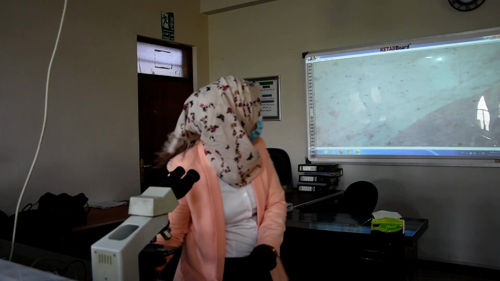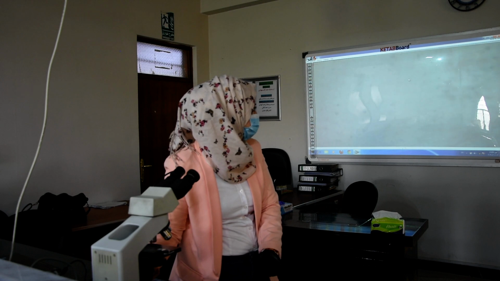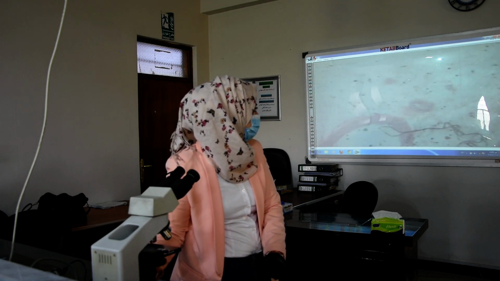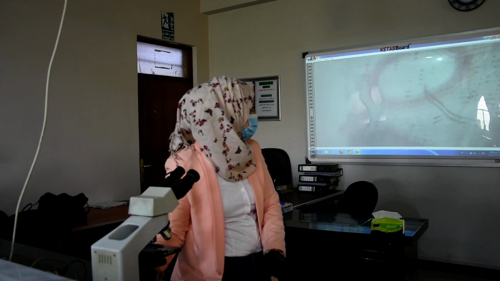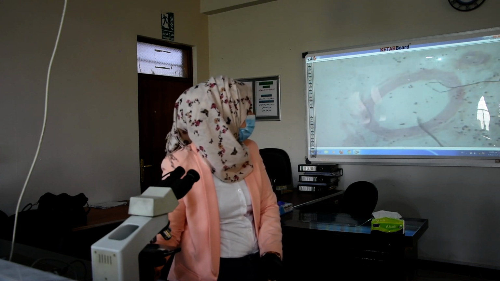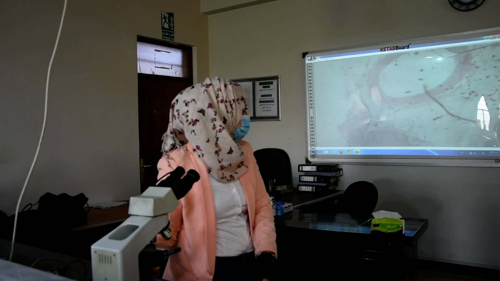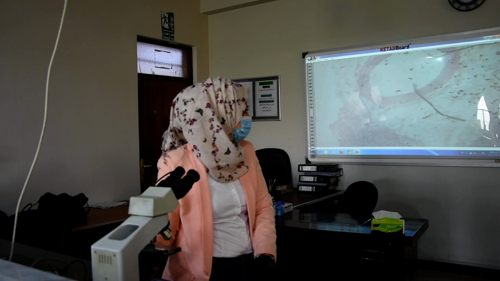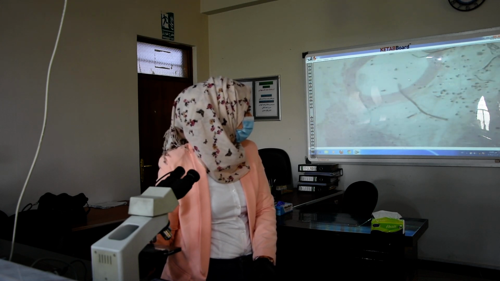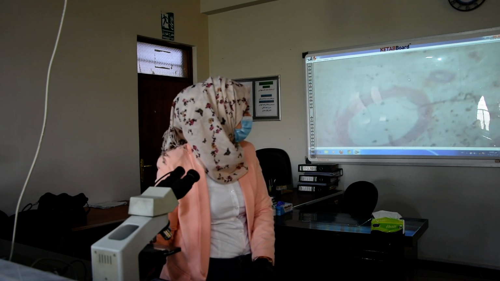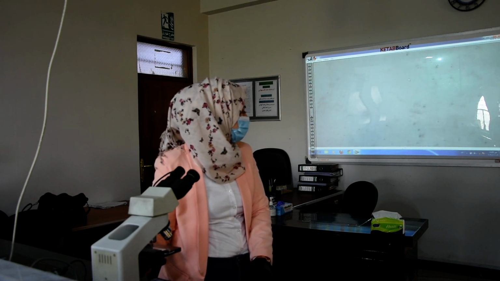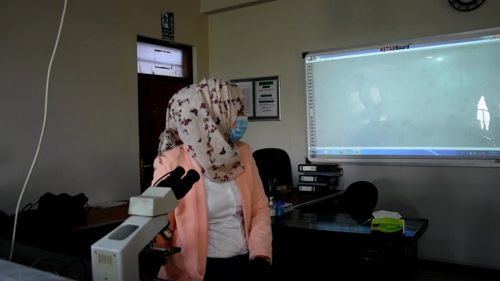Ending with the epicardium, I can show you the coronary artery. These are a coronary artery located at subepicardium. Okay, these are the coronary artery. All these are adipose tissue at the epicardium.